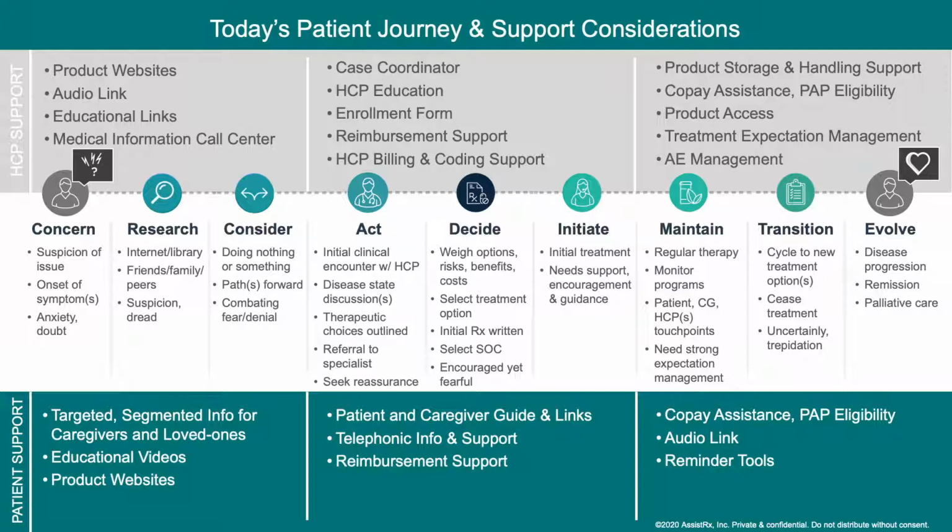The plaque psoriasis population may be able to take advantage of self-serve options such as online PAP support or copay enrollment into text refill reminders, all driven by e-support solutions. Quite different populations.